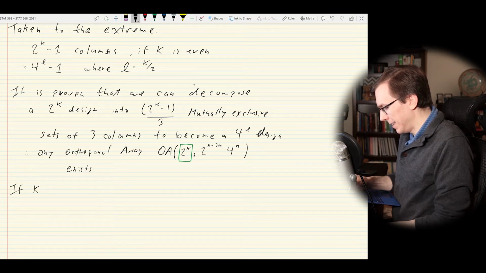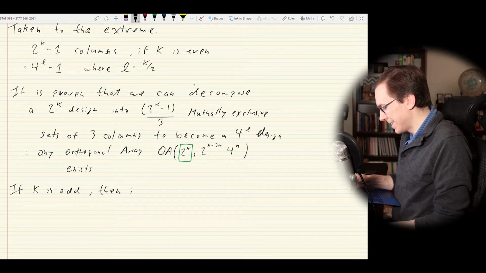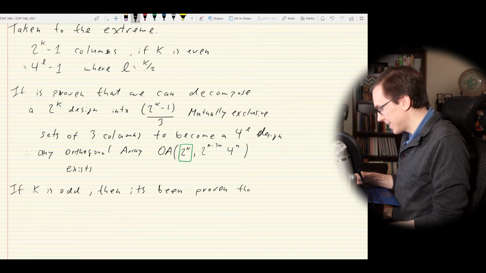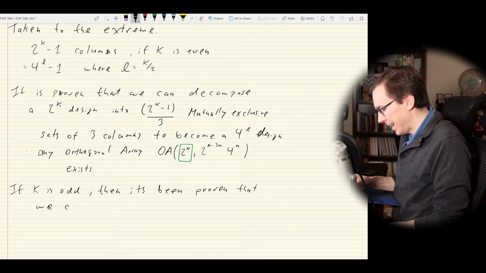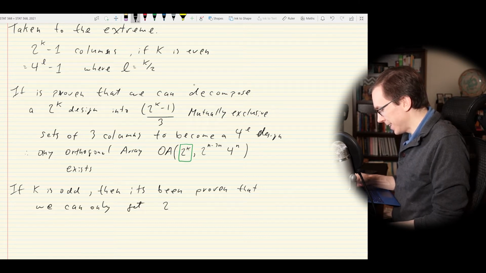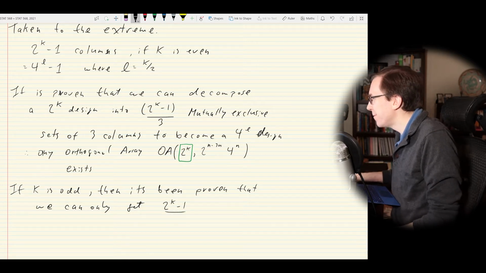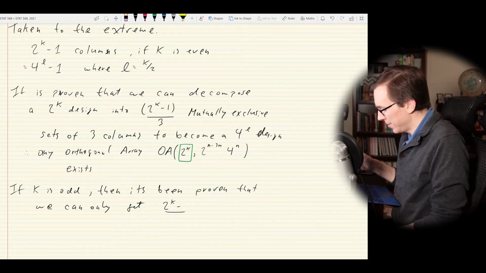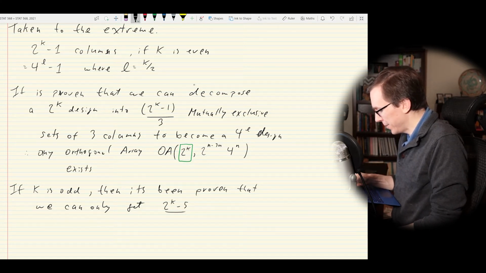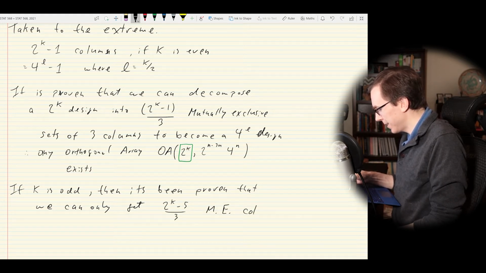If K is odd, then it's been proven that we can only get 2 to the K minus 5 over 3, sorry, (2 to the K minus 5) over 3 mutually exclusive column sets.